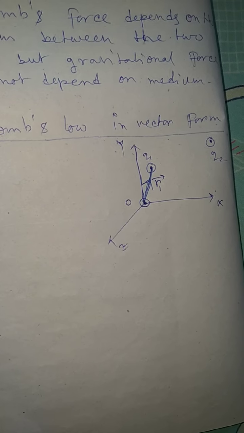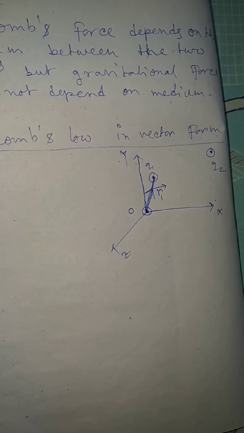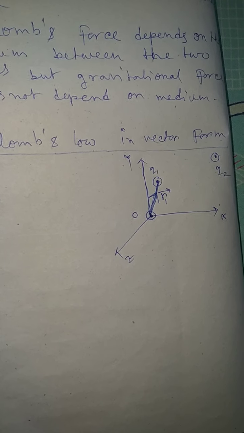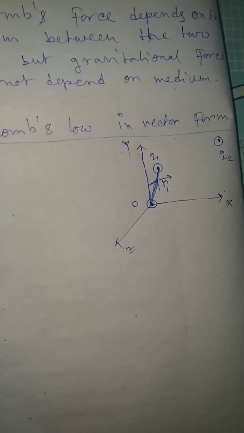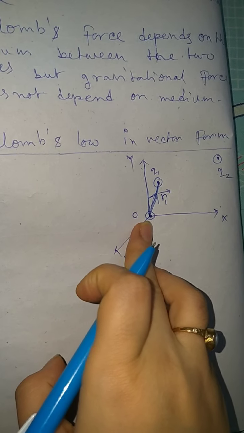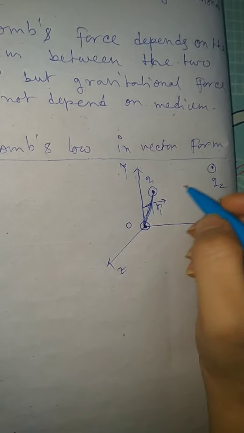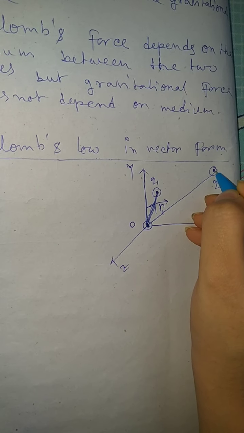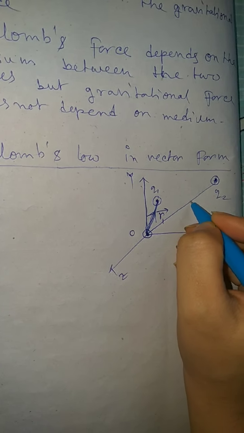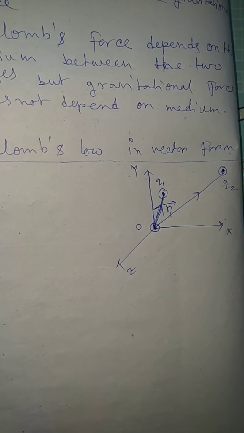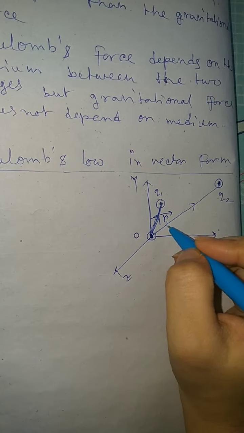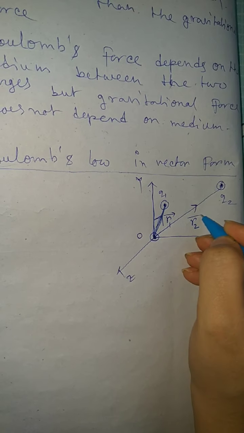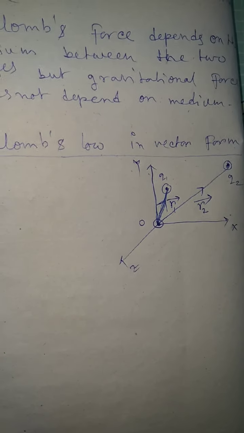So R1 is the position vector of Q1 charge with respect to O point or with respect to origin. Now I am considering position vector of Q2 charge with respect to origin is, suppose, R2. Okay.